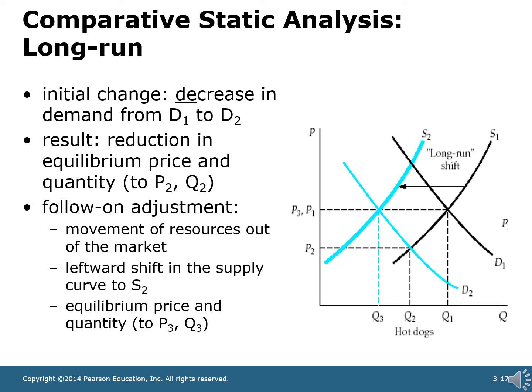So the new equilibrium price, P3, is going to be the same as the initial equilibrium price, P1. And the quantity being bought and sold in the market is going to continue to decrease. They're going to move from Q2 to Q3 as the price begins, again, to increase.